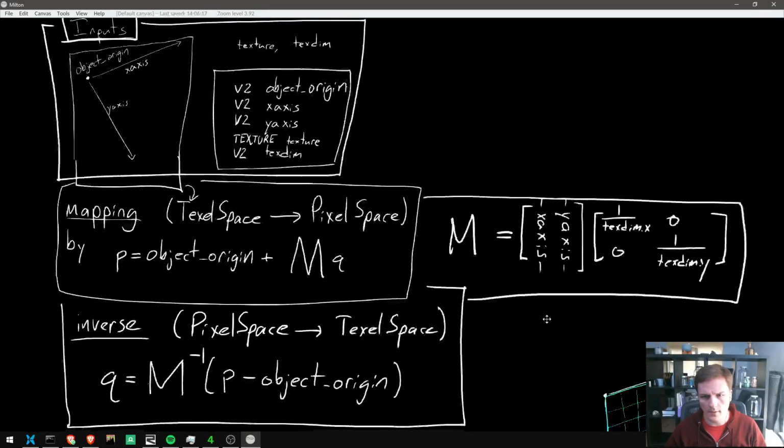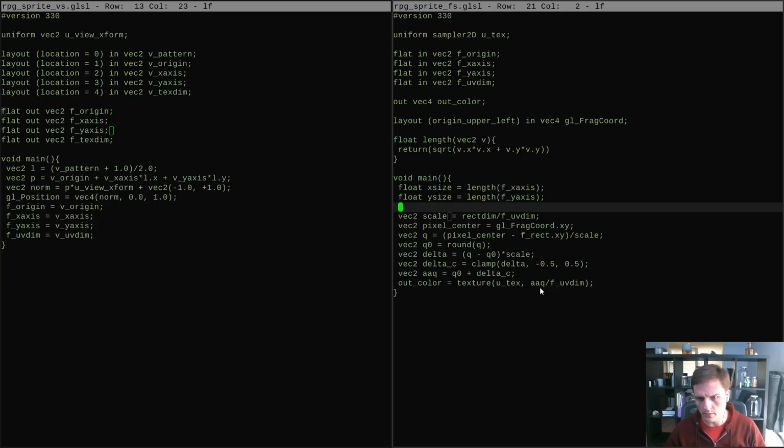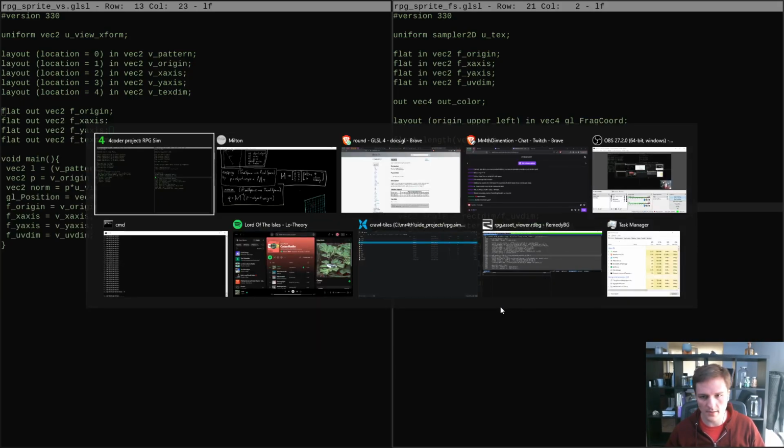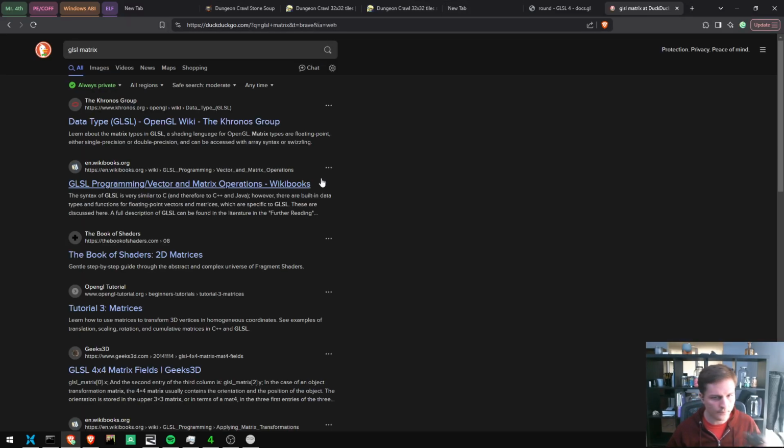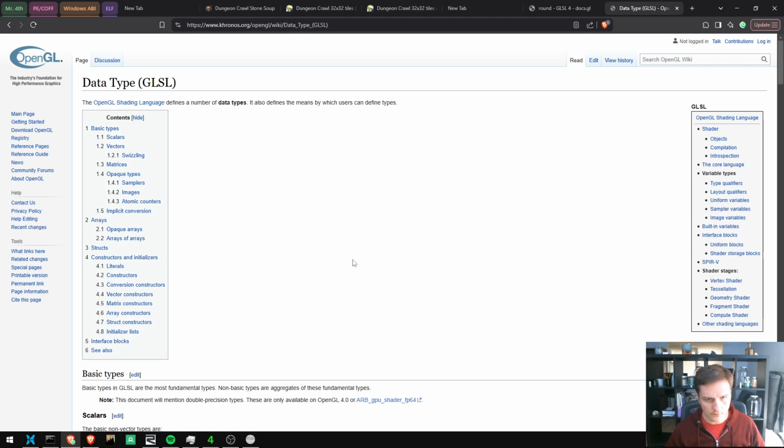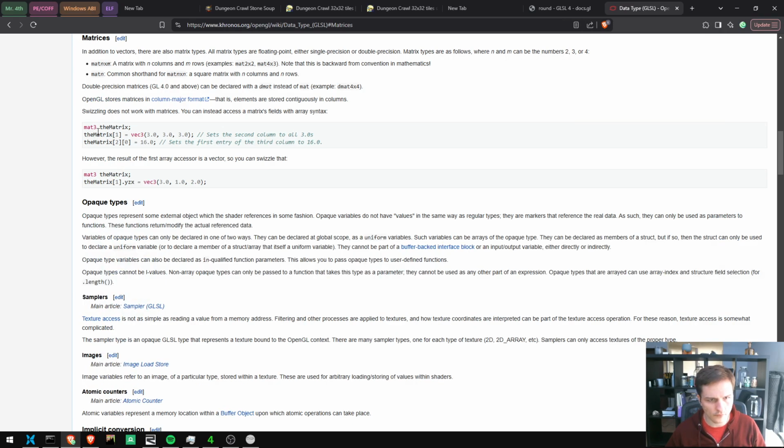Okay, I did a little bit of prepping over here too. We're going to want this matrix M. It's been a long time since I've touched matrices in GLSL. GLSL matrix, how does that work? Mat 3, is it 3 by 3?